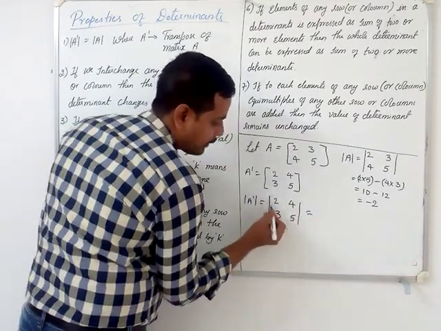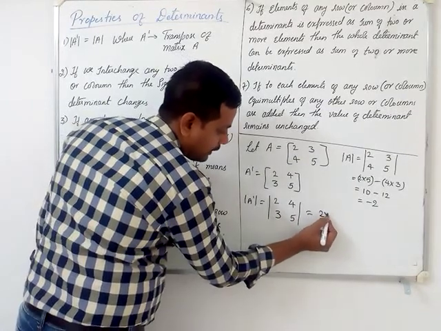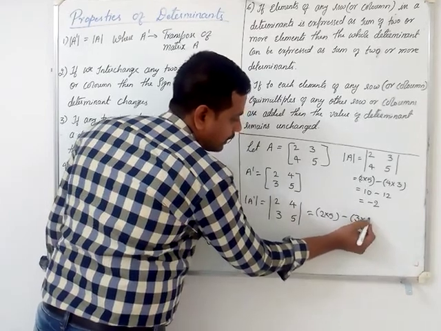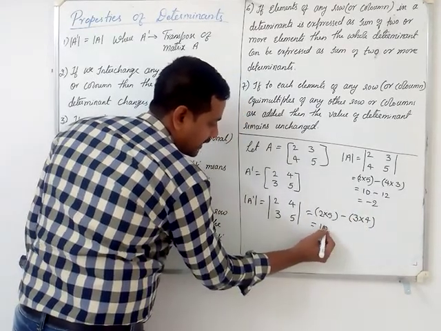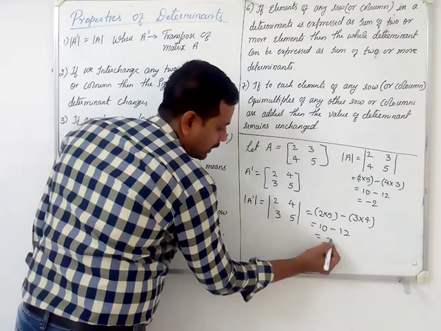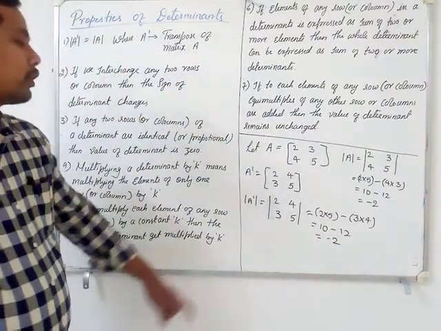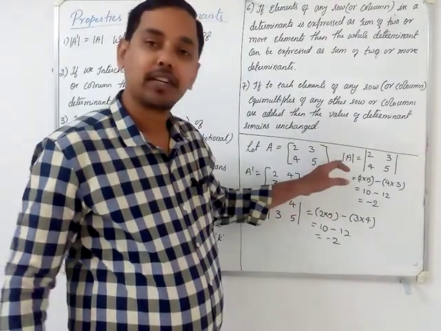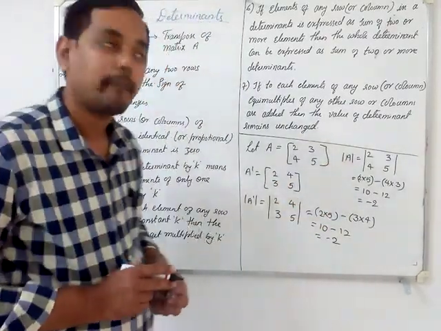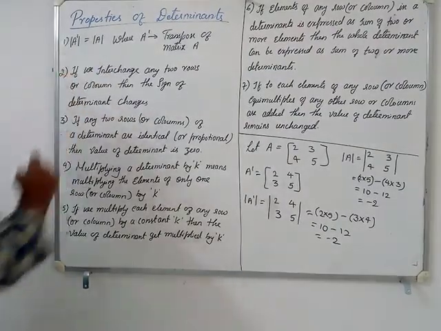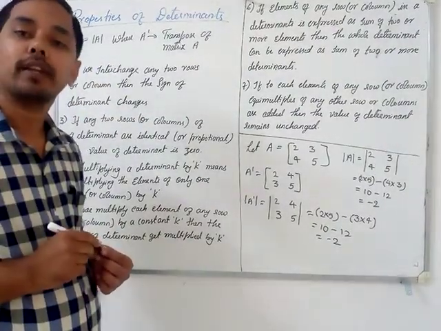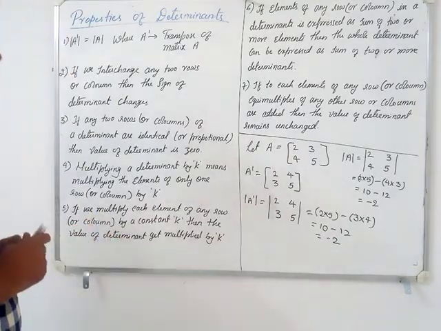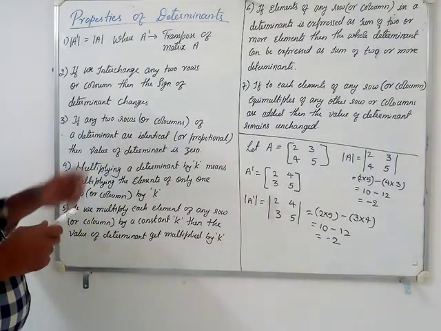If I calculate this value, 2 into 5 minus 3 into 4, so this is once again 10 minus 12, nothing but minus 2. So you can see determinant of A transpose is minus 2, whereas determinant of A is also equal to minus 2. That is why determinant of A transpose will be equal to determinant of A. Is that clear?